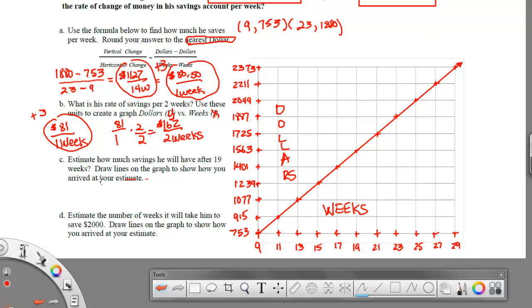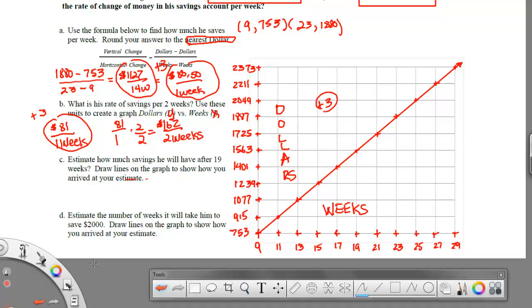Okay, so if you can graph this correctly, that graph will be worth 3 points. So we've got 6 points for part A, part B for the graph is 3, and now it says here, part C, estimate how much savings he will have after 19 weeks. Draw lines on the graph to show how you arrived at your estimate.